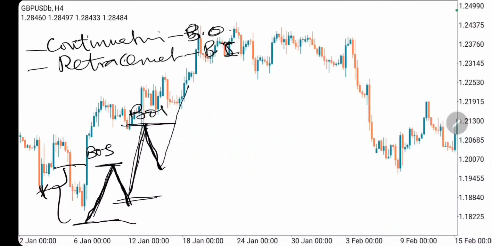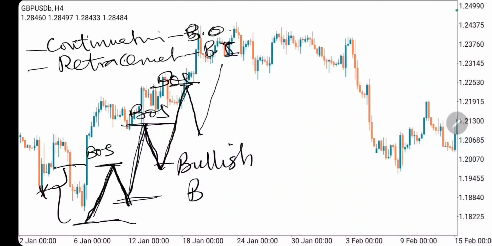This is called break of structure again, in this case a bullish break of structure. Now the market does another retracement back, and further, this is a range in that form, now breaks the range again, having another break of structure. So this is what we call the bullish break of structure. Why is it bullish?